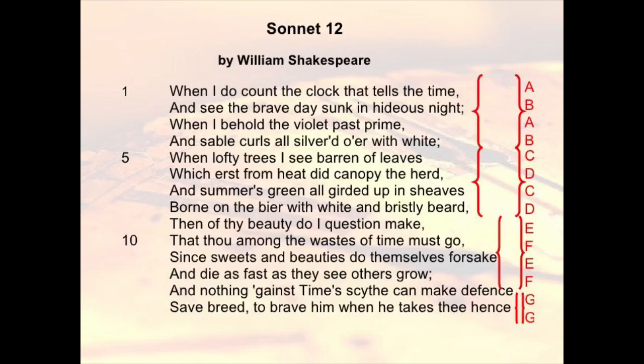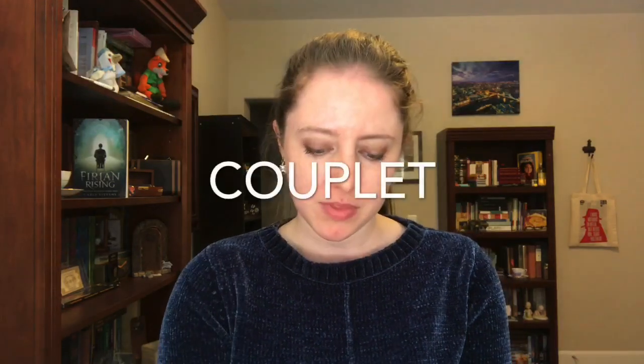So Shakespearean sonnets rhyme scheme will be A, B, A, B, C, D, C, D, E, F, E, F, G, G. So in more poetic, technical language, that means that there are 3 quatrains, 3 groups of 4 lines that rhyme with each other, and then 1 couplet at the end.